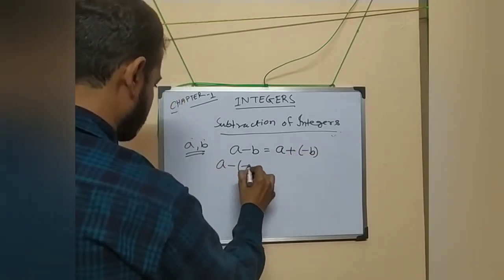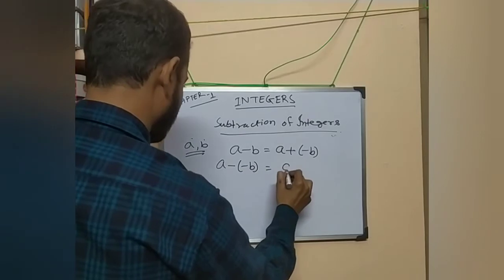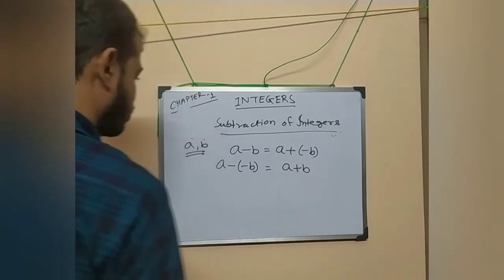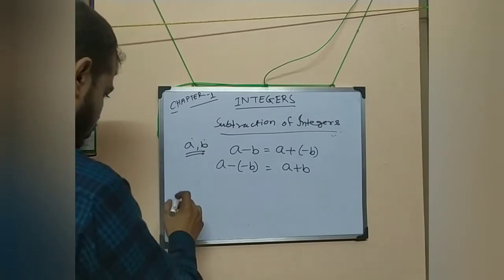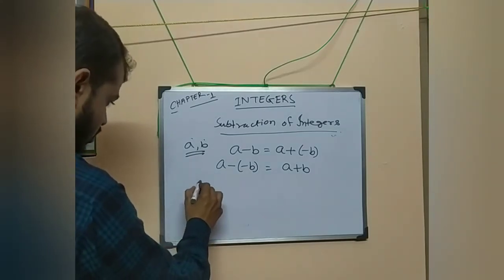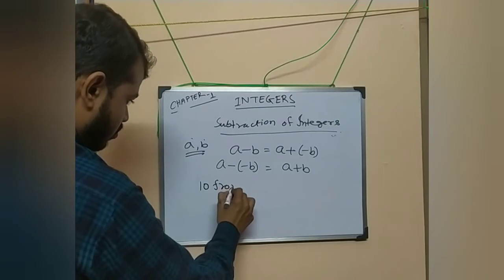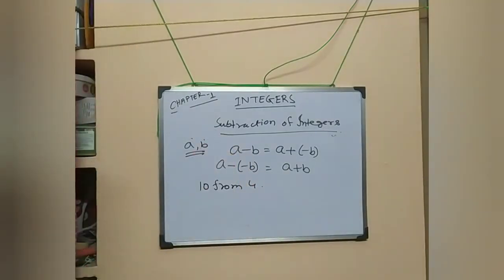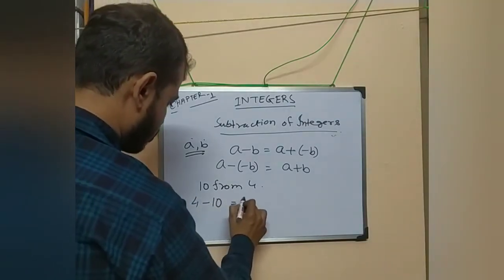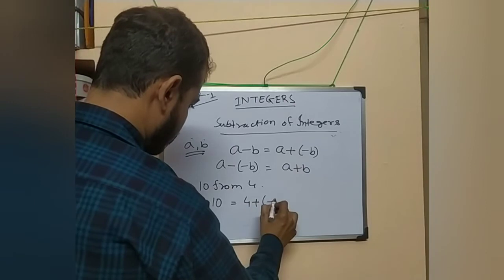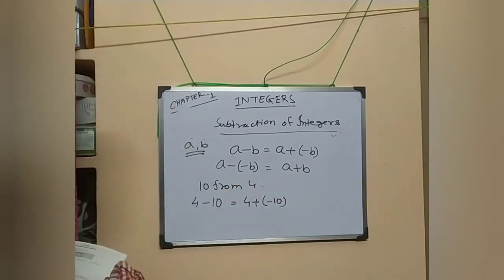Let's see some examples. Now we subtract 10 from 4. That means 4 minus 10, which is equal to 4 plus minus 10.